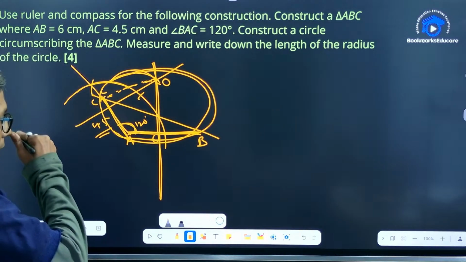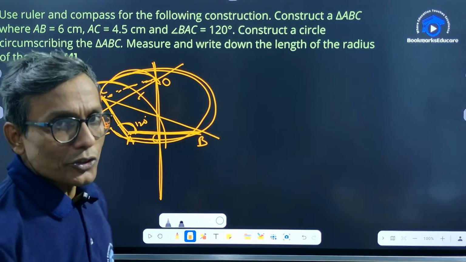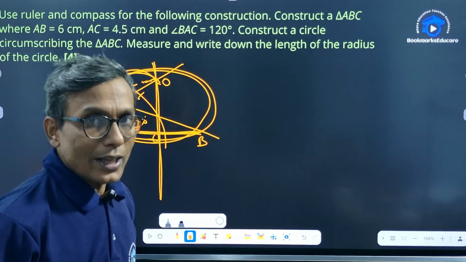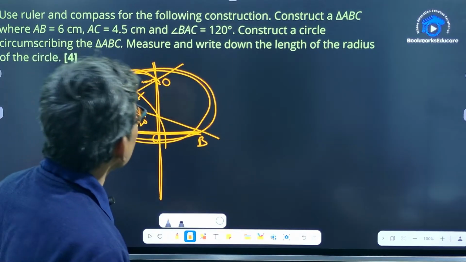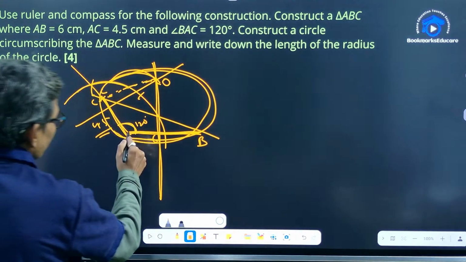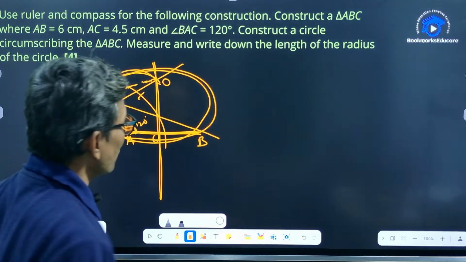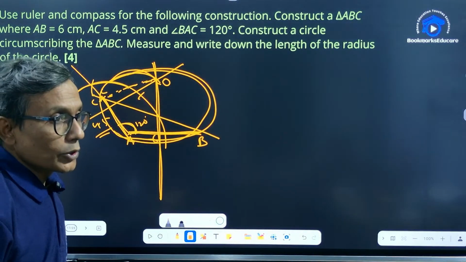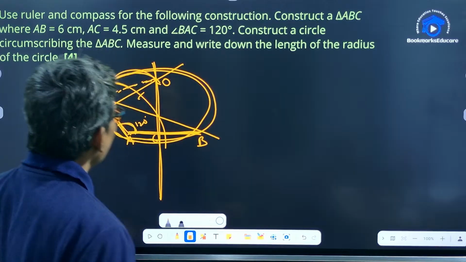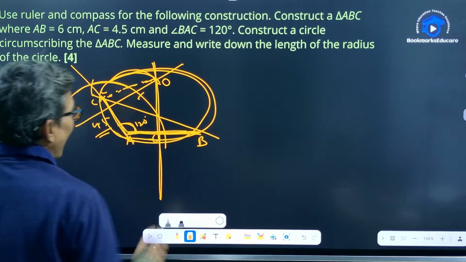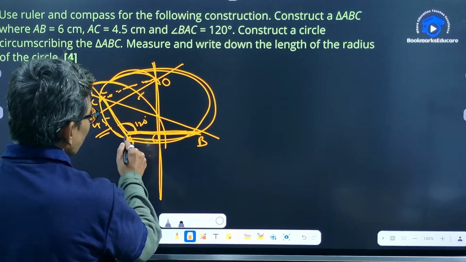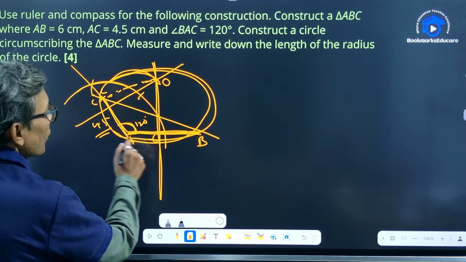Now if we are asked to draw the circumcircle, then first of all we have to draw a perpendicular bisector of any two sides of the triangle. First I have drawn the perpendicular bisector of line AB.